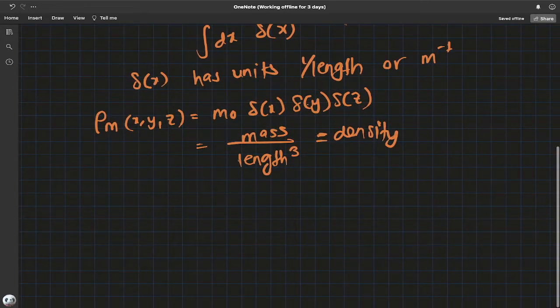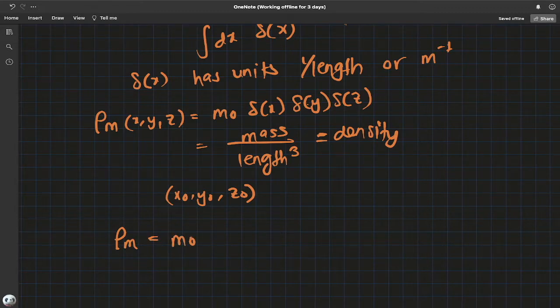What if we want to generalize this idea? Instead of having the point mass at 0, having it at an arbitrary point x naught, y naught, and z naught, we can do this. So m naught is the mass of the point mass, delta x minus x naught, y minus y naught, z minus z naught.